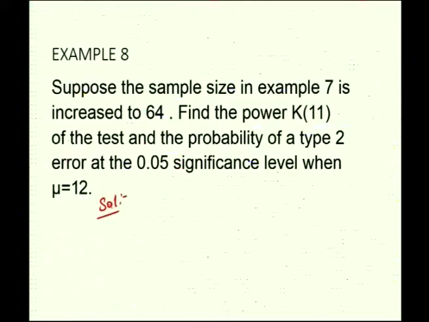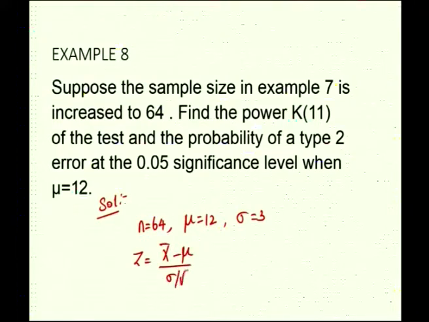The solution goes like this. We have n equal to 64, mu is equal to 12 and sigma is equal to 3. So, Z is equal to x bar minus mu by sigma by root n, that is x bar minus 12 by 3 by root of 64.